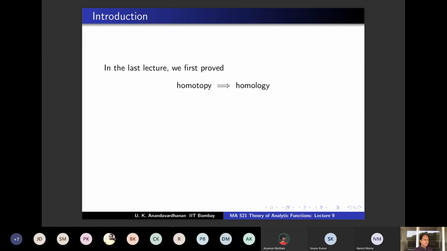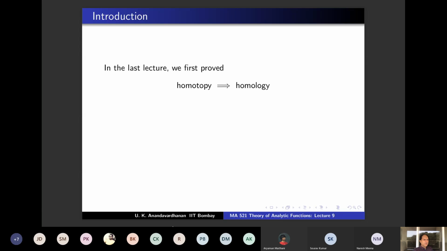So the main observation was: if between two paths the distance is less than the distance from alpha to the path, so what I mean is the distance |gamma 2(s) minus gamma 1(s)| is strictly less than |alpha minus gamma 1(s)| for all s in [0,1], then the index of alpha with respect to one is the index of alpha with respect to the other.